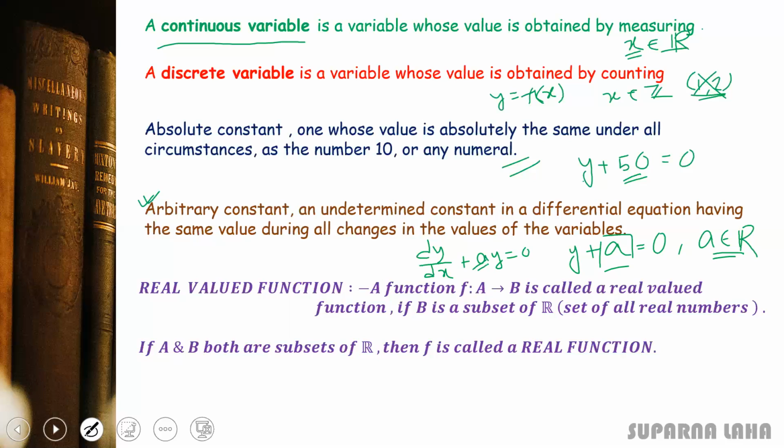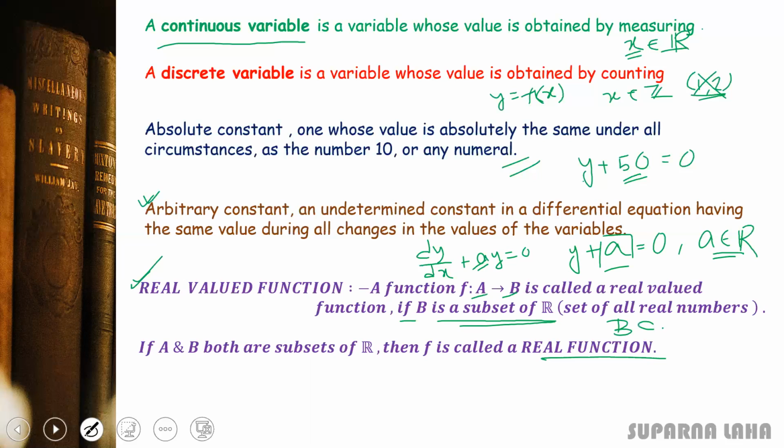Now the real valued function and the real function. What is a real valued function? Definitely, when defining a function, we will define the domain set and the range set also. So if f is defined from set A to B, it is called a real valued function if B is a subset of the set of real numbers.